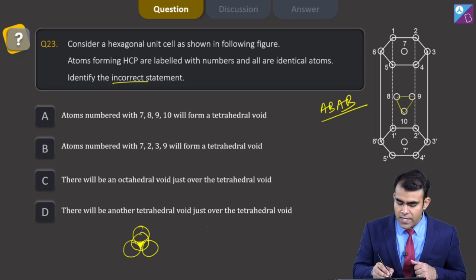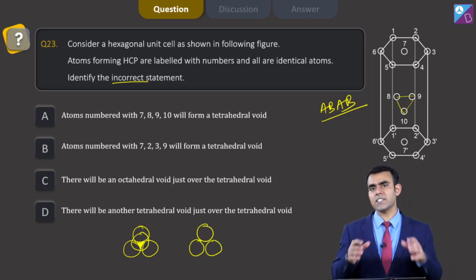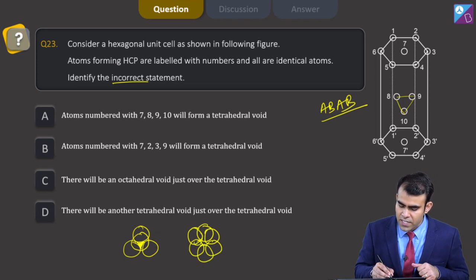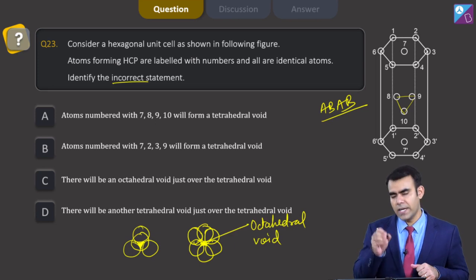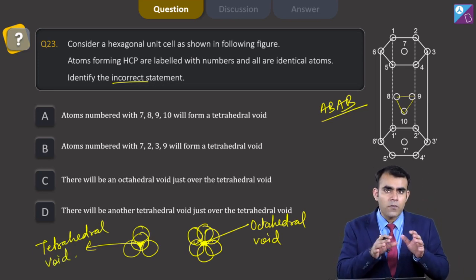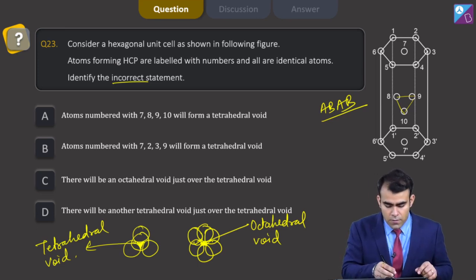And an octahedral void is formed when, just assume that I have three atoms like this which are touching each other, and then we have three more atoms in a second layer and they are touching each other. So the void formed here is an octahedral void, whereas this one is a tetrahedral void.